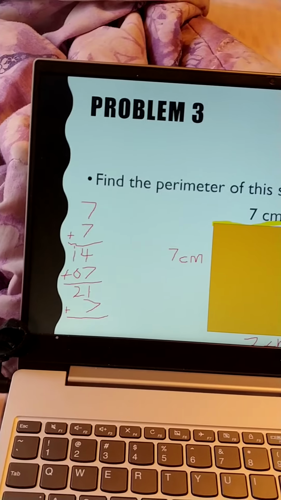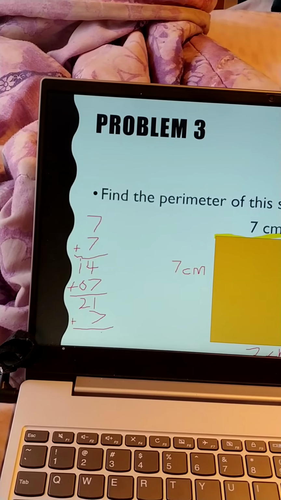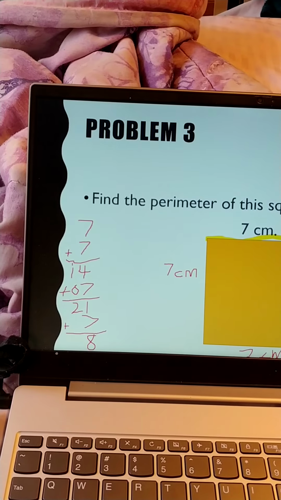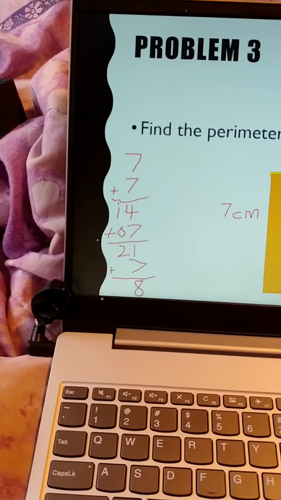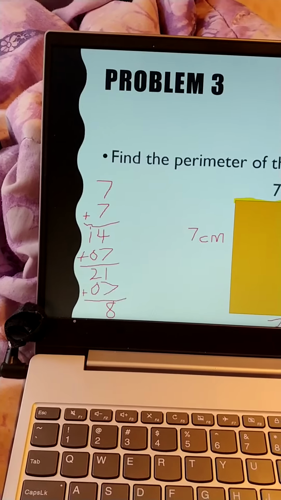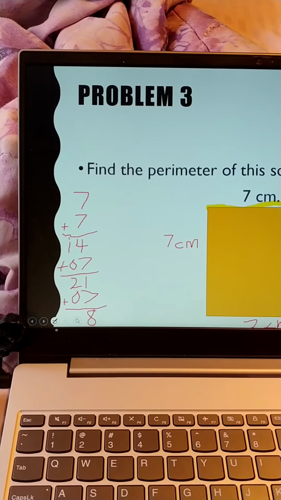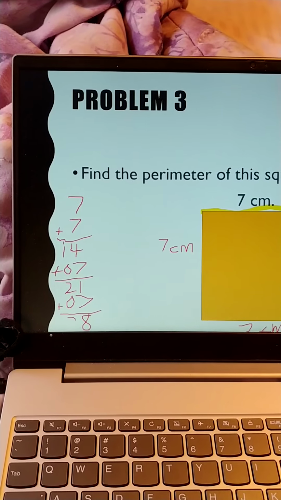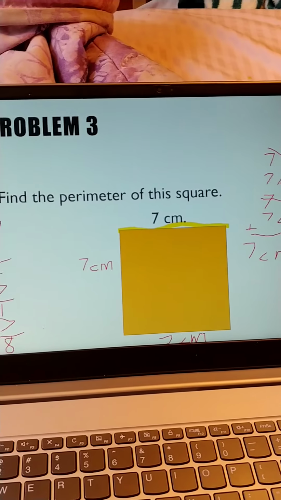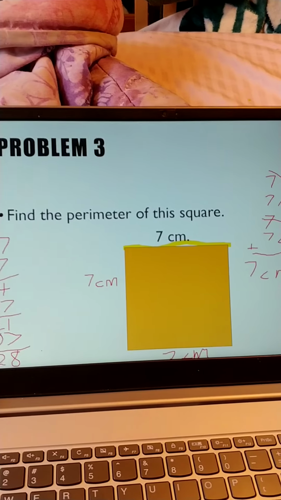So 1 plus 7 is going to give us 8. And then, as I said, we always assume that this is a 0. 2 plus 0 is going to give us 2. So the perimeter of the square is 28 centimeters.